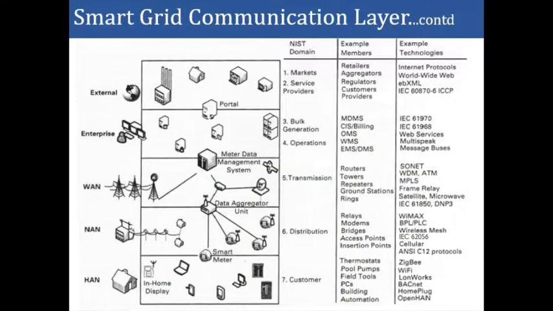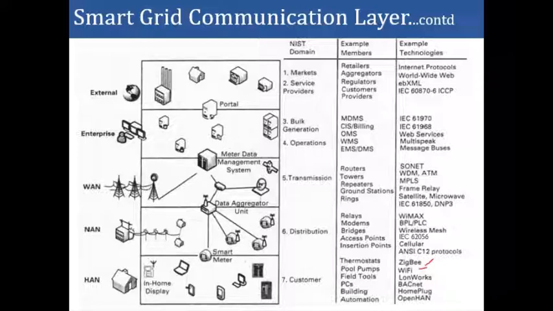Then we discussed the various communication technologies utilized at various layers. For example, in the house area network, we have technologies such as Zigbee, Wi-Fi, and so on.